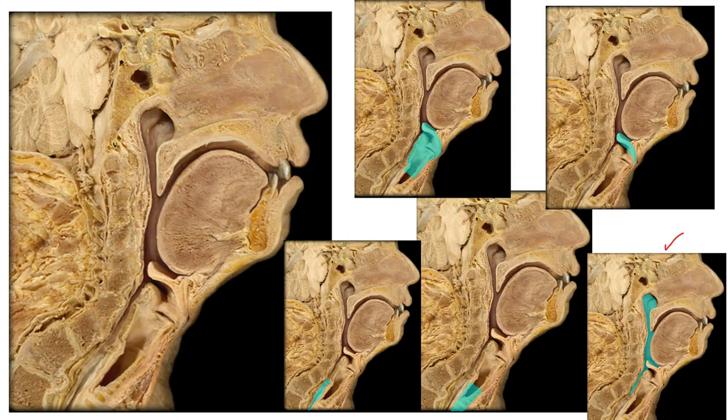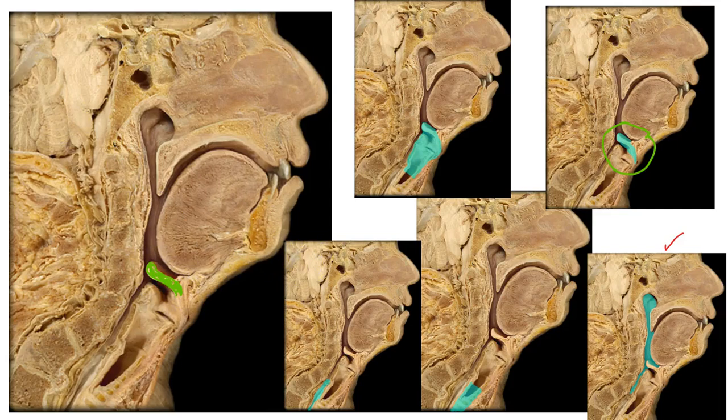What else? Then you can see this structure here. This structure which is going to close the entrance of larynx during swallowing is a cartilage and is part of the larynx. This elastic cartilage is called epiglottis.